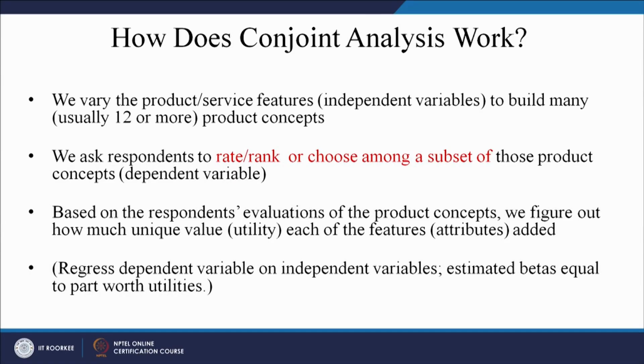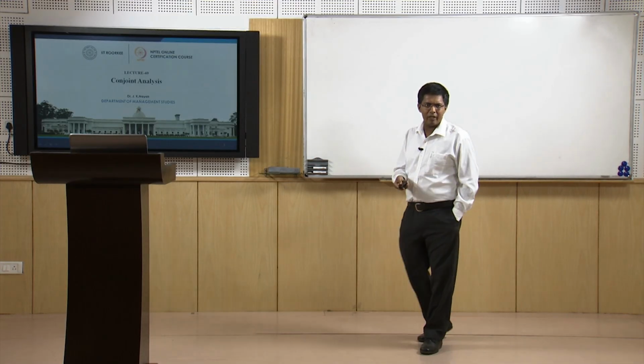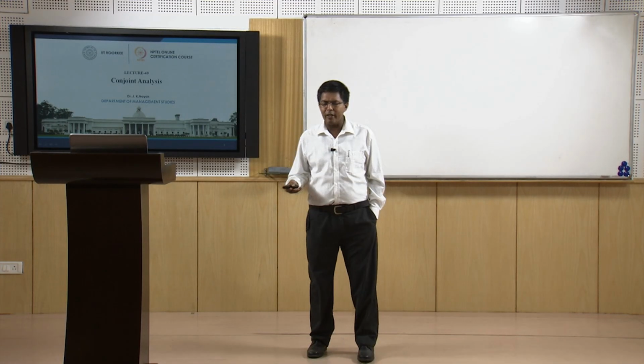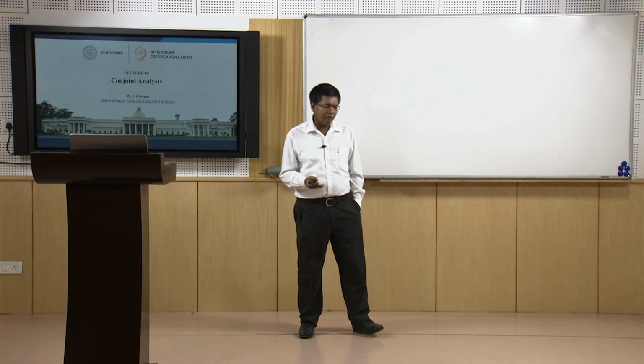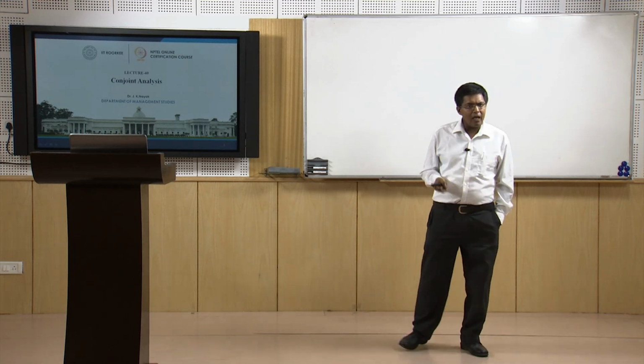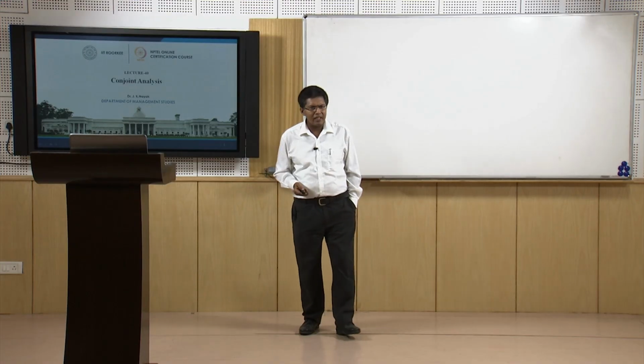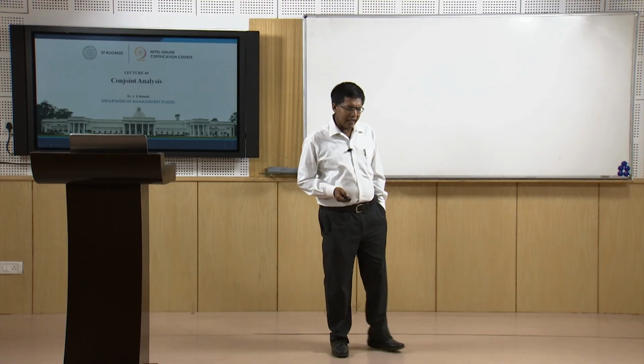So, how does conjoint analysis work? We vary the product or service features, which are the independent variables, to build many product concepts. So, what does the marketer do? The marketer combines all the attributes, which are the independent variables, in different combinations. For example, in the case of a soft drink, the price, the packaging, the color, and the volume, the amount of soft drink, could be the 4 attributes.